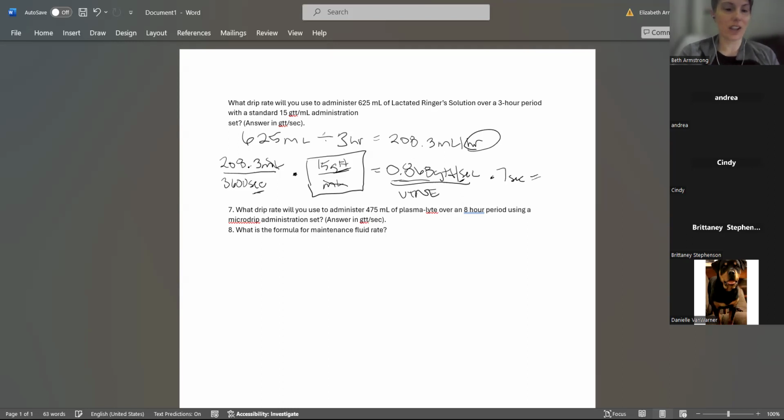Yes, very good. So we multiply that by the 7 seconds and we get 6.9, blah, blah, blah, right? So it's close enough. We need to get it as close as we possibly can so that we can stay at our hourly rate. Because it ended up being 6.9, that means that we have 7 drops.